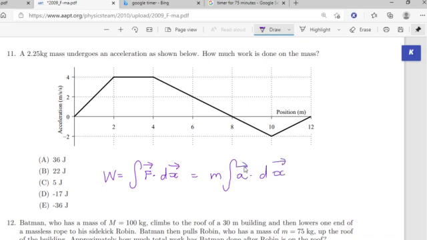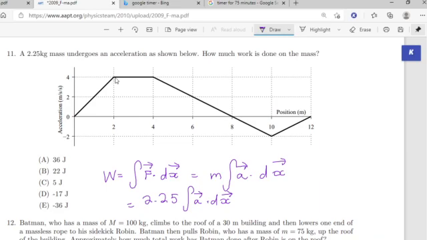Does it work? We shall see. Okay, so 2.25 times, which is basically just the total area.